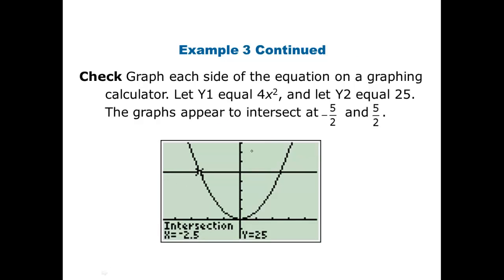You may have to change your window to go up higher than 25, since this line here is y equals 25. This one is 4x squared. And then we should see, you can move your cursor around or do the value function, and at negative 2.5 you should get 25, and 2.5 should be 25. Okay, just a good way to check your equation.